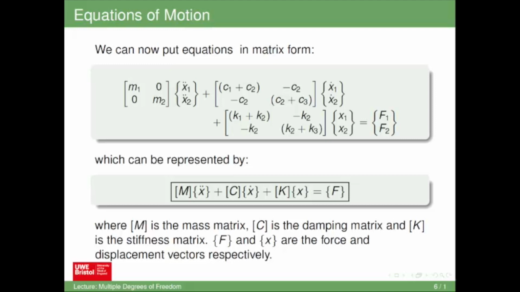So [M] is the mass matrix, [C] is the damping matrix, and [K] is the stiffness matrix. F and x are the force and displacement vectors respectively, and clearly x dot is the velocity and x double dot is acceleration. Any linear system will fall into that category; non-linear systems we can't write like this.